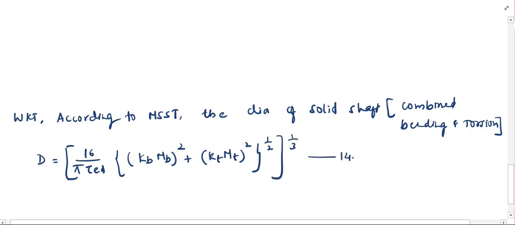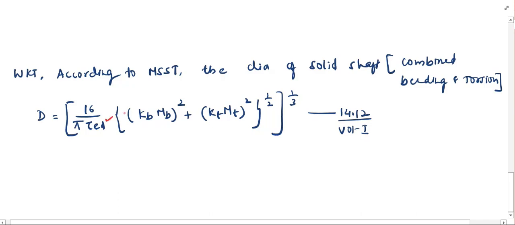This is equation 14.12, volume 1, from Dr. K. Lingaiah data handbook. So in this equation, first let us find the tau ED.